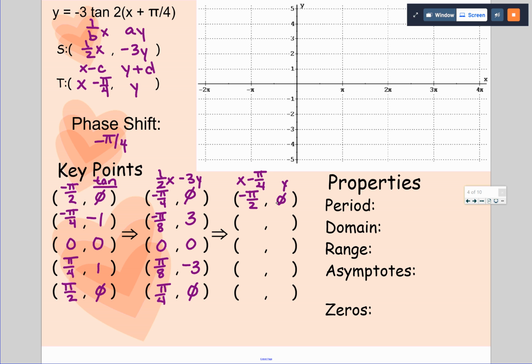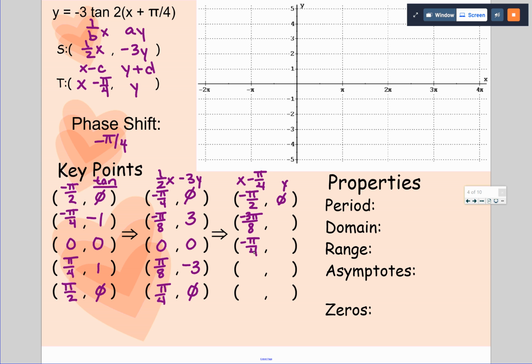That's it. It's undefined still. Okay? Negative pi over 8 minus pi over 4. Again, if you need to write it out, do that. What's the common denominator? 8. So you can think of pi over 4 as 2/8. So I have negative 1/8 minus 2/8, which gives me negative 3/8. 0 minus pi over 4 is negative pi over 4.